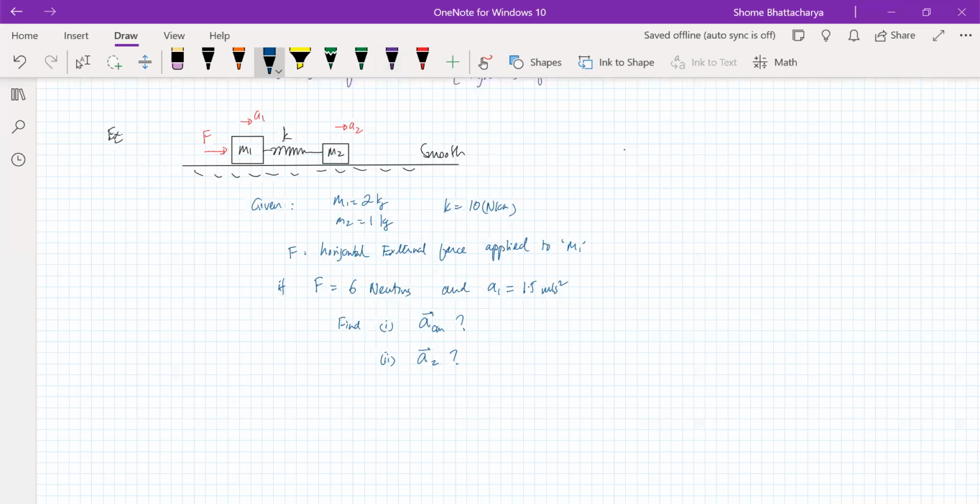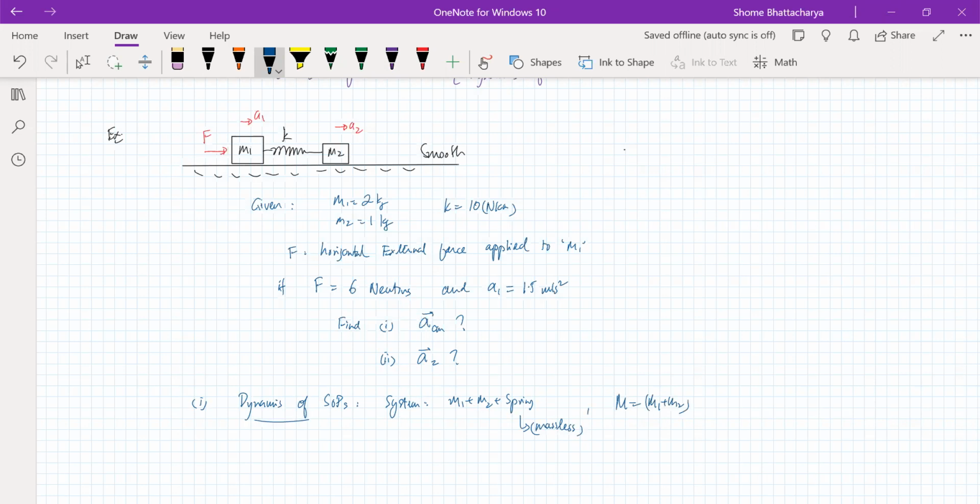So one way we can solve it is, for the first part, apply dynamics of a system of particles. For that, take the system as the two blocks plus the spring. The spring is massless, so the total mass of the system will be M1 plus M2.